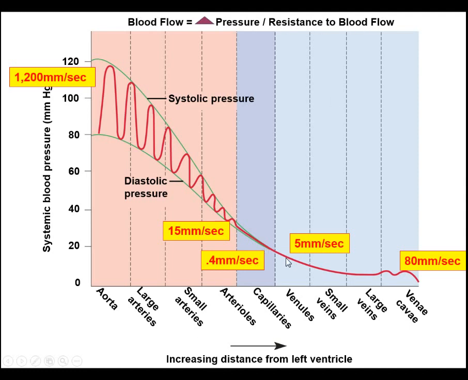Okay, so as we come out the other side of the capillaries into the venules and small veins, we can see that blood flow picks up a bit. We're up to 5 millimeters per second. And if you consider what might be involved with that, I would hope that you would conclude that it's because we're not in this mesh of capillaries anymore.